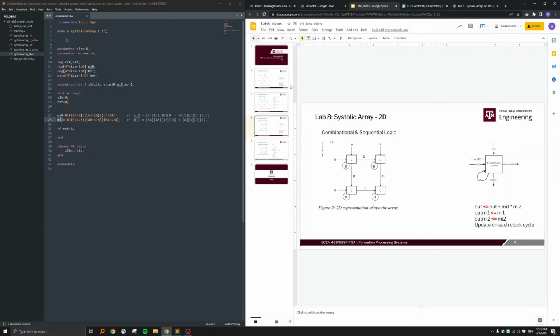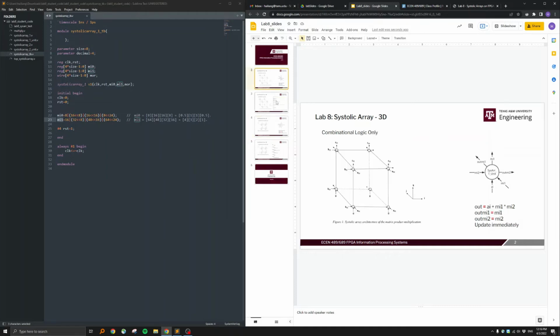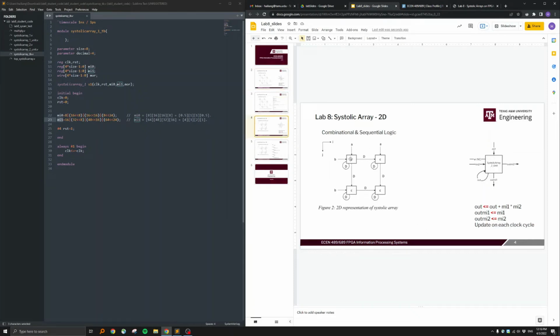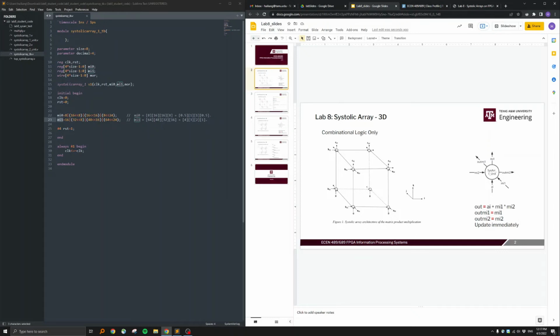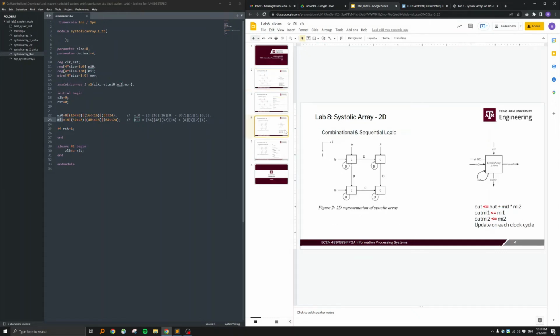Yeah, and another difference is, as you can see, for the same 2x2 matrix, we have 8 small units here, but we only need 4 units here. So each square box is a systolic array unit for the second design. Okay, and also this is no longer a combinational logic design, but this also involves some sequential logic.